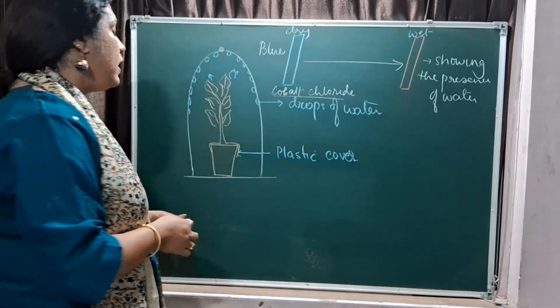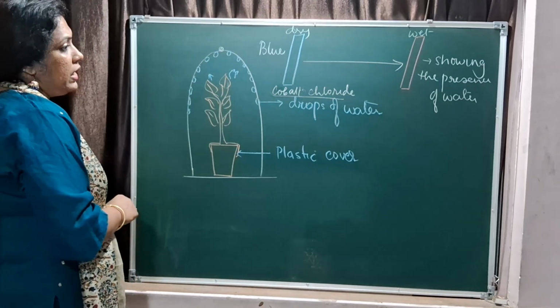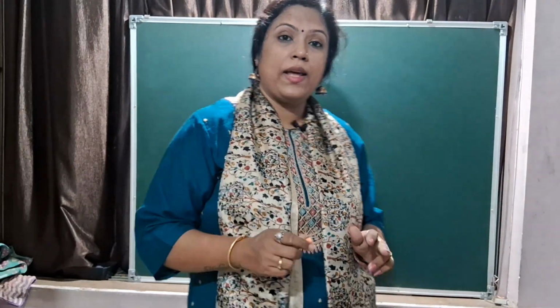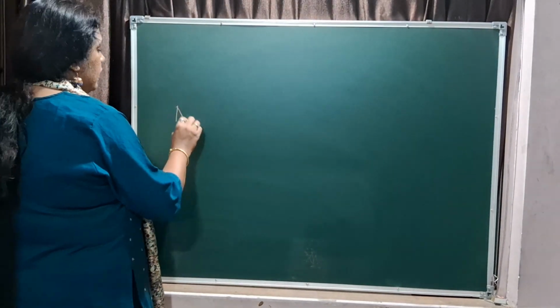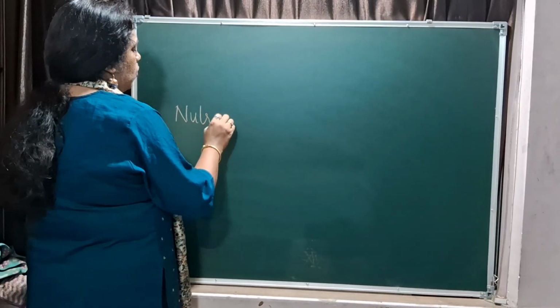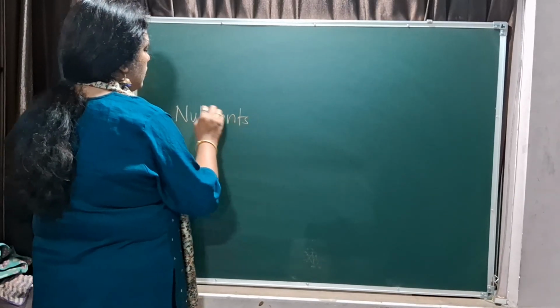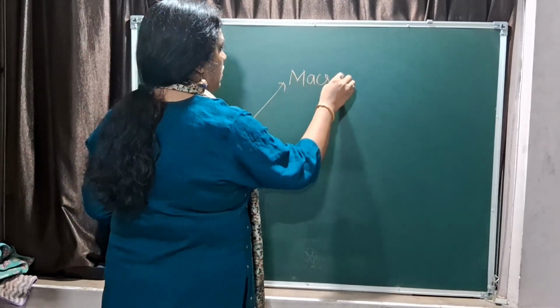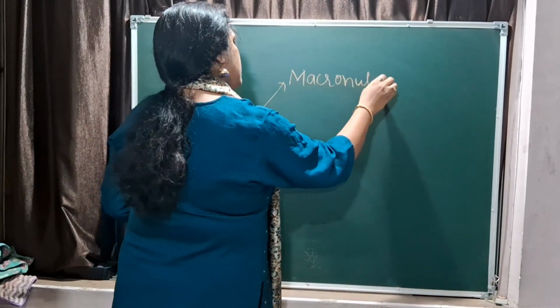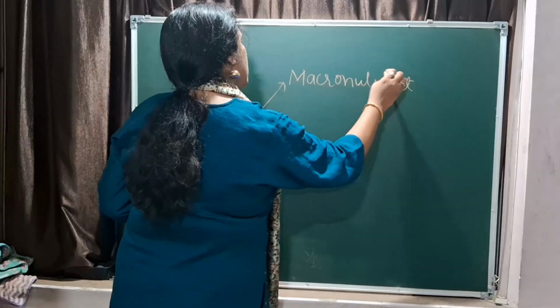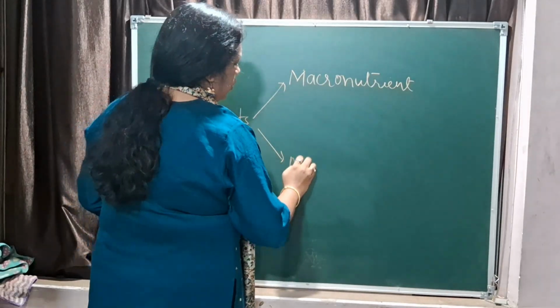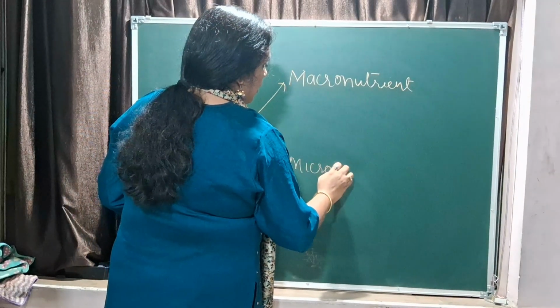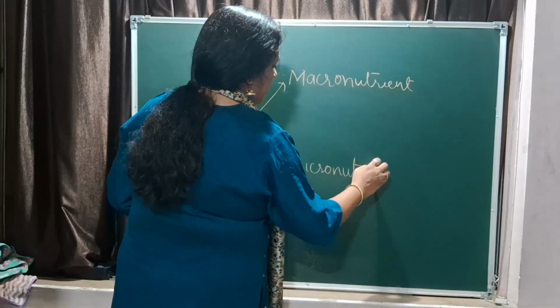Is that clear? Last part of this chapter are the nutrients. Now when I say nutrients for the plant, there are two types of nutrients. One is macronutrient and the other one is micronutrient. Macronutrient is required in larger amount, and micronutrient is required in very less amount, you can say in traces.